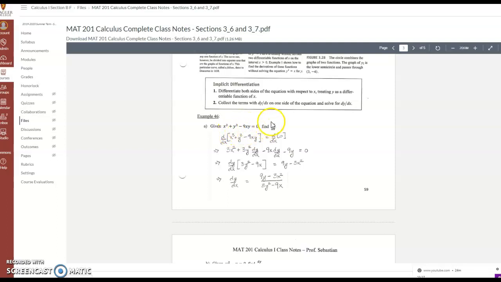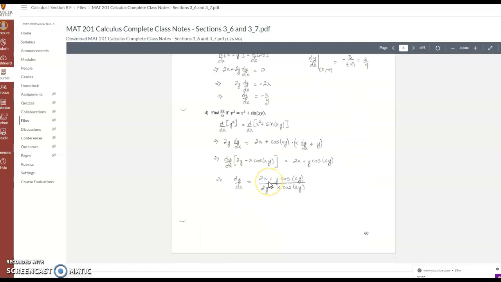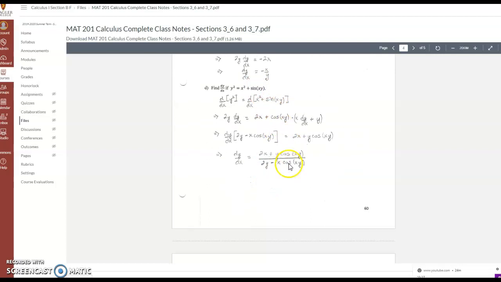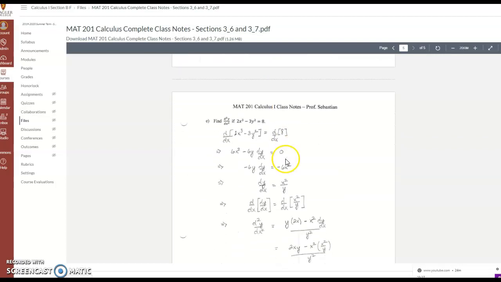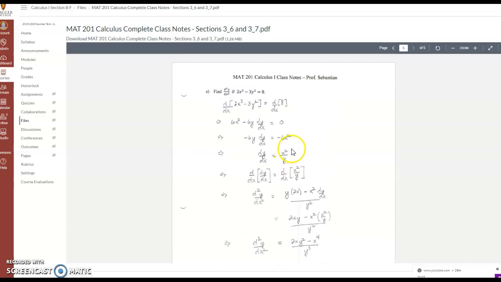But we still want to find dy/dx as though it was written as y equals f of x. So this is an implicitly defined function, and we need to use what's called implicit differentiation. I'll explain that later in the videos as you watch. I gave several examples because it's a complicated concept. And that's the end of week 3.